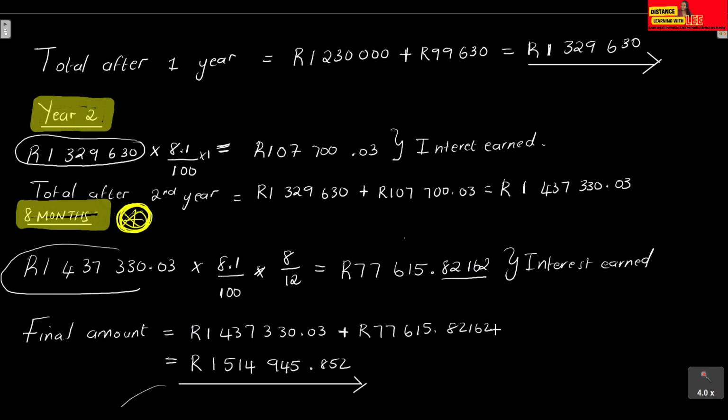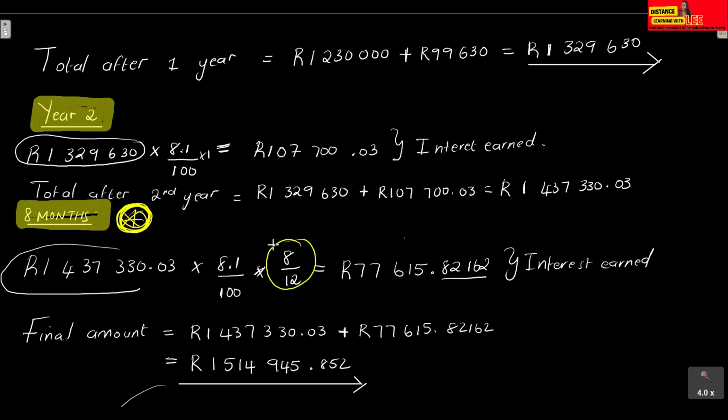That is why here I converted that 8 months into years by multiplying by what we want, dividing by what we have, which left us with 8 divided by 12. From there, we were able to get the final amount that he will have in his account when he invests in a South African savings account.